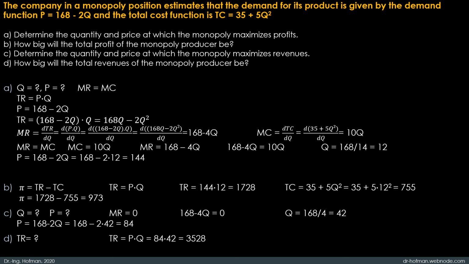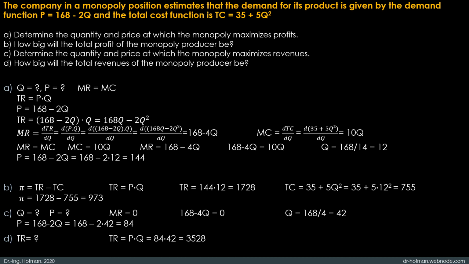In B, we are asked how big the total profit of the monopoly producer will be. Profit is given as total revenues minus total costs. Total revenues are given as price times quantity, and we know both of them, 144 for price and 12 for quantity. If we multiply them, we get 1728 as total revenues.